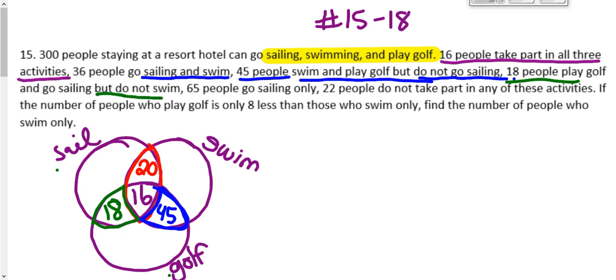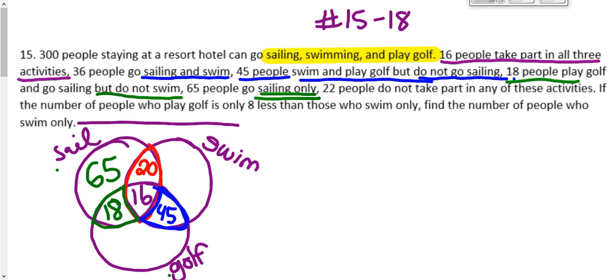If they did not say, but do not swim, then we'd have to subtract and only a 2 would be there. But they already said that 16 is separate from the 18. Then they said 65 people go sailing only. So sailing only is 65. So that's that big portion there. And then 22 people do not take part in any of these activities.